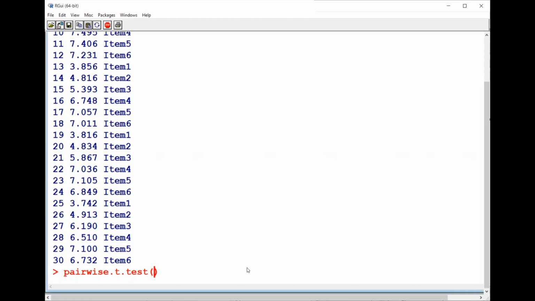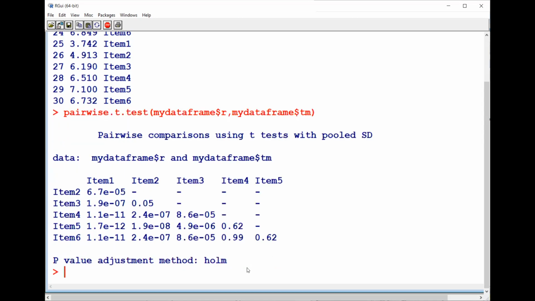So here, as the arguments, you first have to give the observations. My observations are in my data frame, coming from the column R, and then you have to give their labels. They are in my data frame with the dollar mark. The label column is TM.